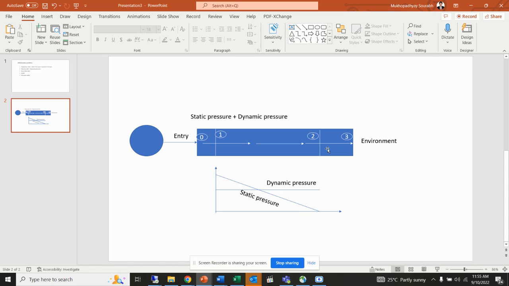Because water is incompressible and the mass flow of the water is constant, the velocity should be constant. That is the reason dynamic pressure remains constant.